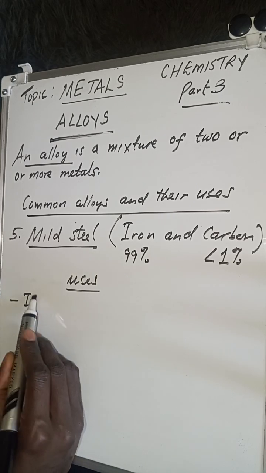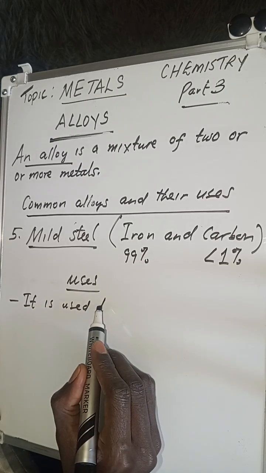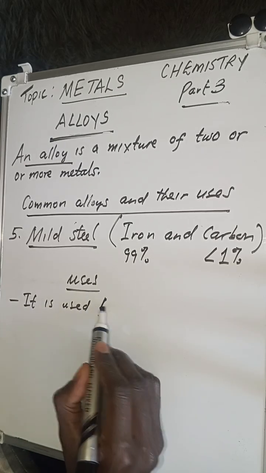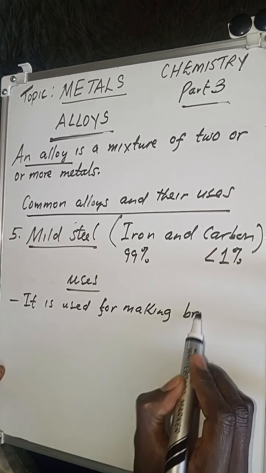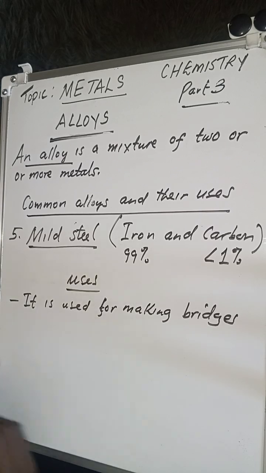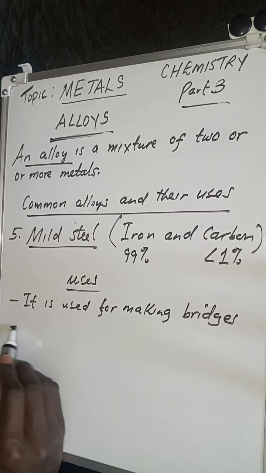One, it is used for making bridges. So you can use it for making bridges because it is actually harder and stronger than the iron from which it is gotten.